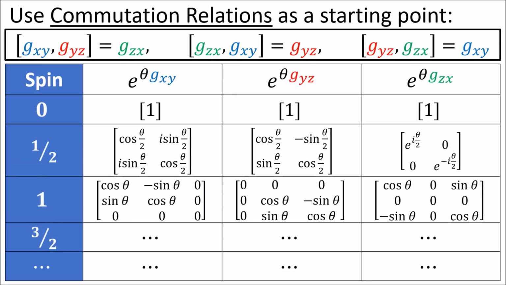When we exponentiate these generators, we get rotation matrices for all the different particle spin types. The 3x3 matrices rotate the standard 3D vectors. The 2x2 matrices rotate polyspinors. And all the other matrices rotate particles with other spins.